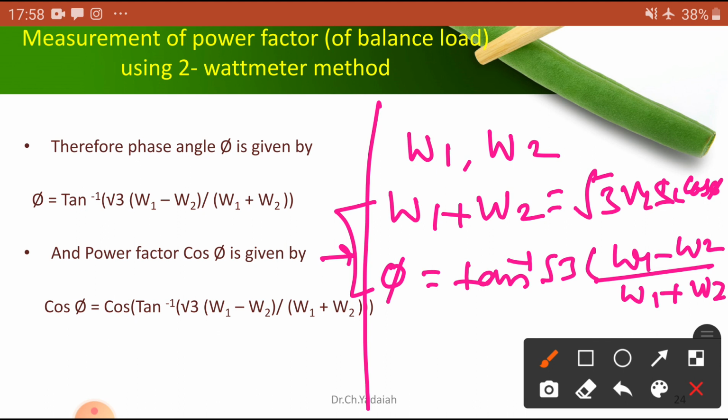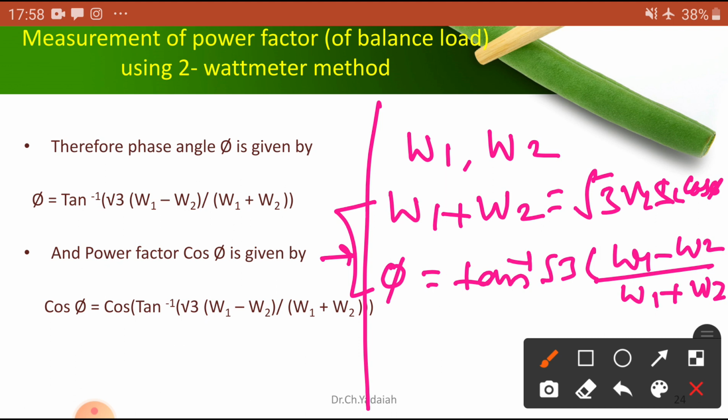Sometimes one wattmeter shows zero and the other shows a reading. That seems to indicate that one wattmeter is not working, just creating a phantom, but that depends on the power factor of the motor. We will see what changes take place in W1 and W2 with respect to change in power factor. So let us wait for that class.